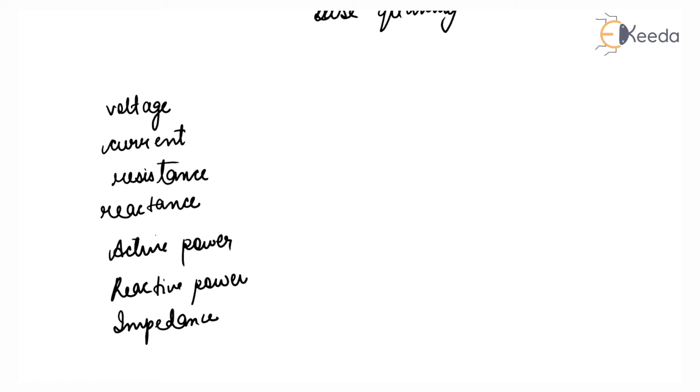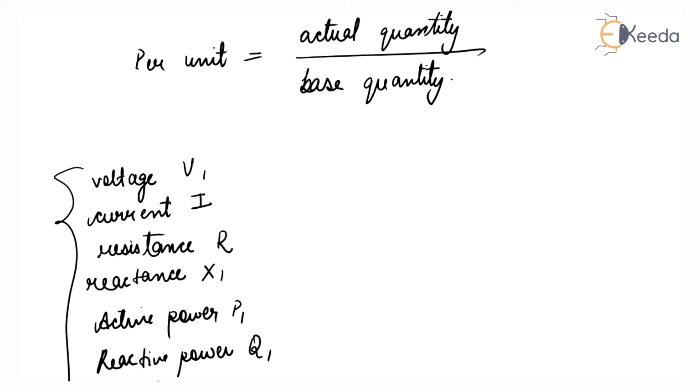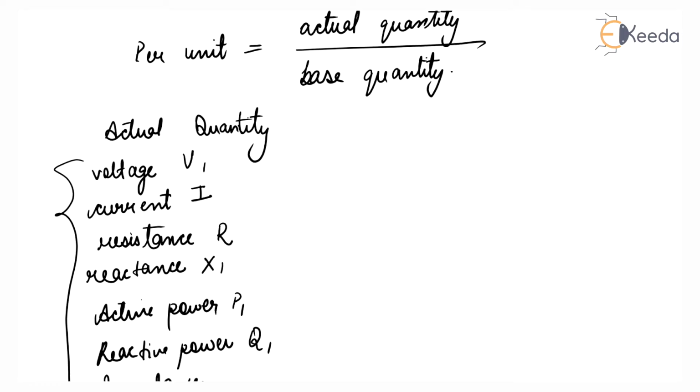Voltage is denoted by V, current I, resistance R, reactance X. Suppose this is V1, X1, active power P1, reactive power Q1, and impedance Z. So these are the operating quantities, that means working quantities, the actual quantities.